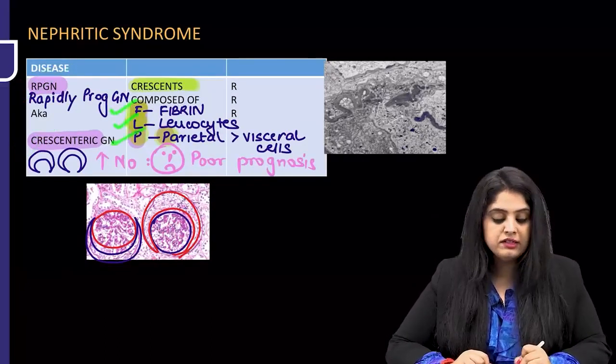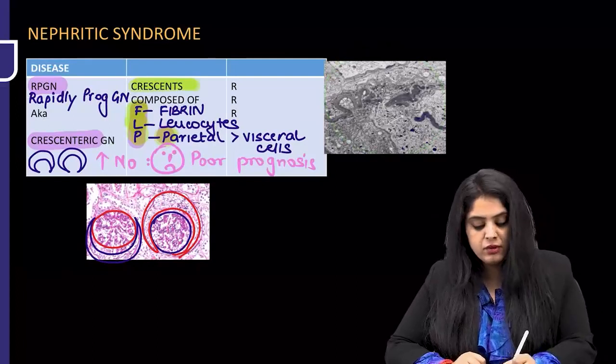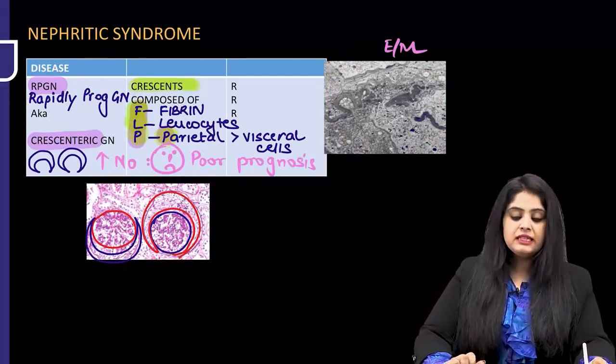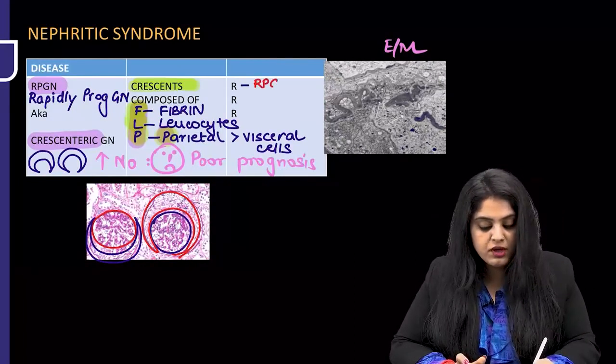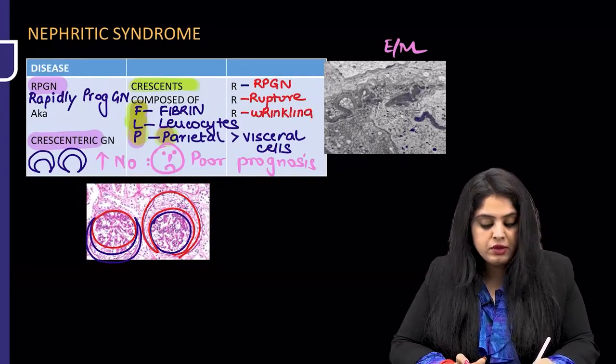I know what a crescent is made up of, but what does the electron microscopy expert say? Electron microscopy expert says the favorite movie RRR. And RRR means R for RPGN, and that shows you number 1 rupture and number 2 wrinkling of the basement membrane.